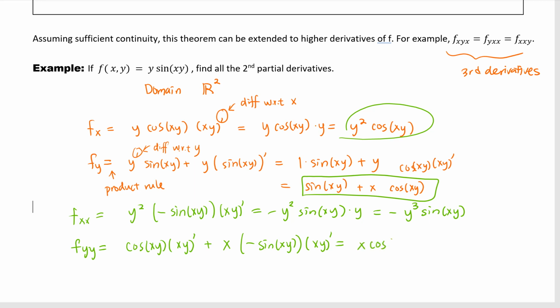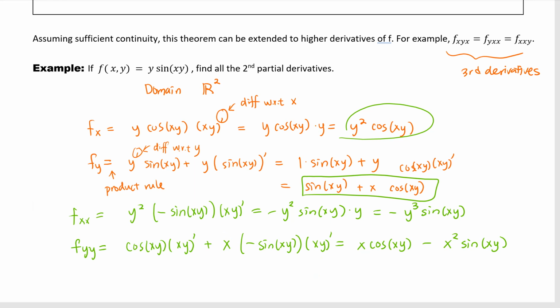So we have x cosine xy minus, so this we have x, and this will give another x. So that's x squared sine of xy. Is that okay? We have one x, and this gives us another x, so we have x squared.